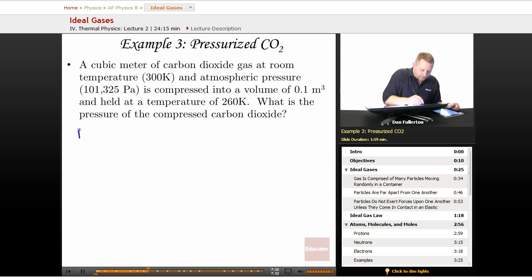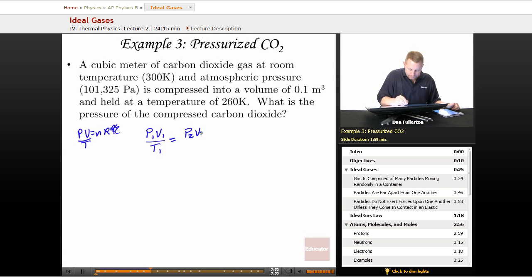So, if PV equals nRT, and we're holding n and R constant, I could pull T over to this side, PV over T equals nR. nR must be constant, so I could write this as P1 V1 over T1 must equal P2 V2 over T2.